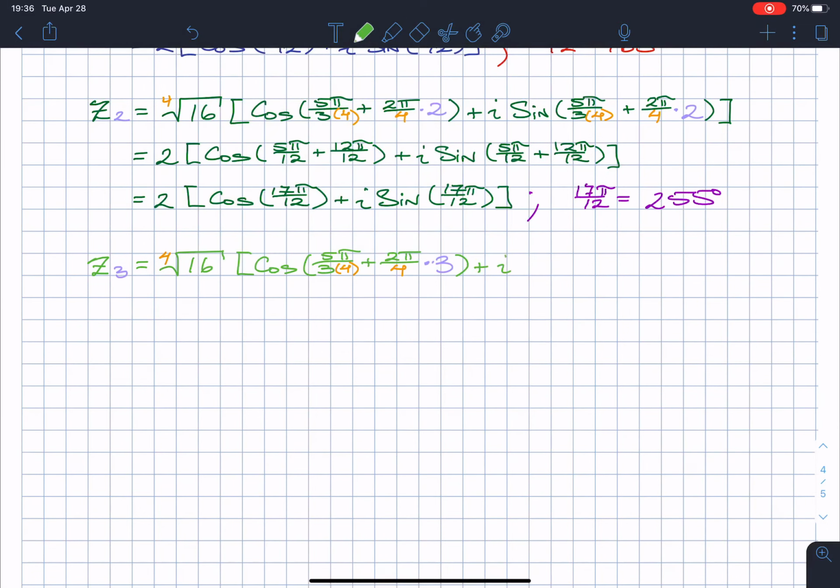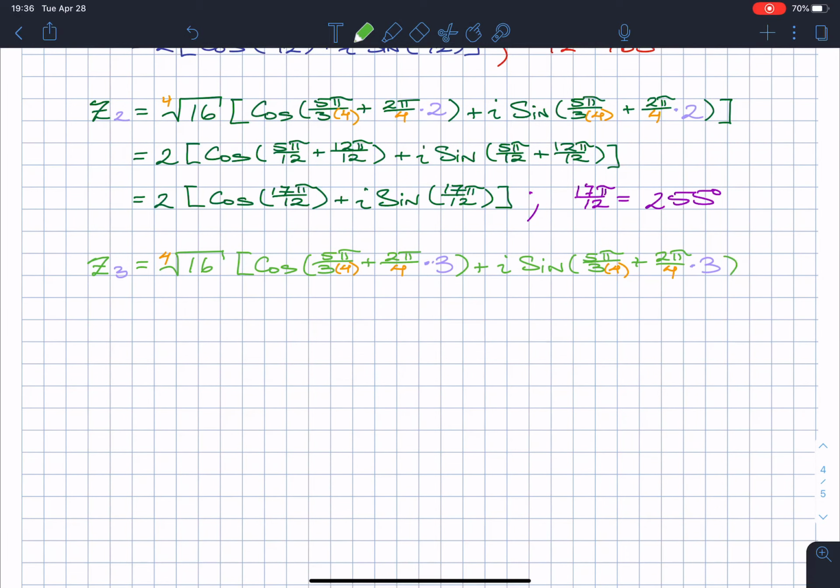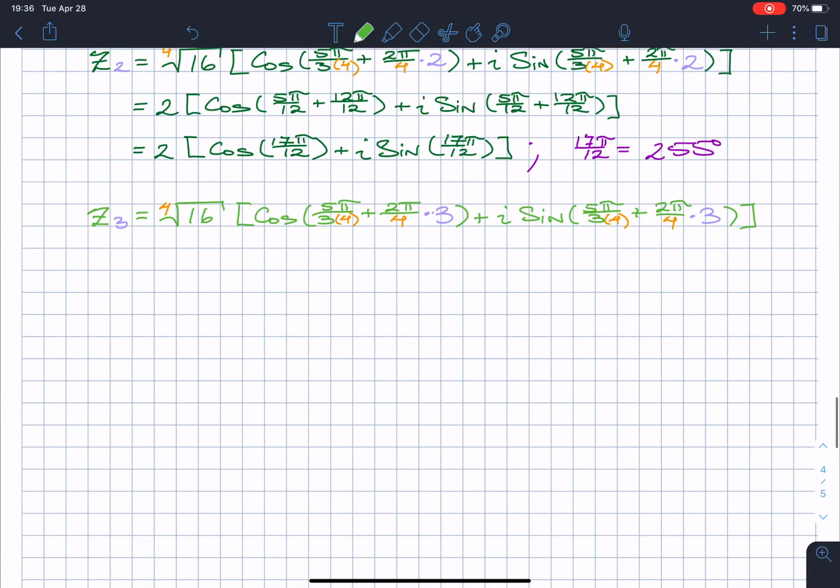Plus i times sine of the same argument. So this will be 5 pi over 3 divided by n plus 2 pi divided by n, and this n is 4, the fourth root. And the subscript for this root is 3. Okay, I think we're almost there.